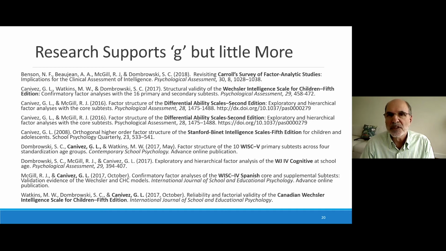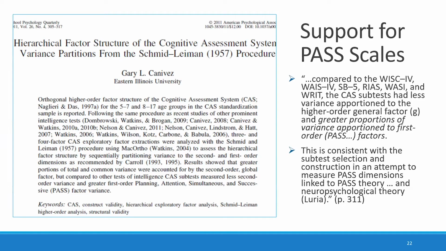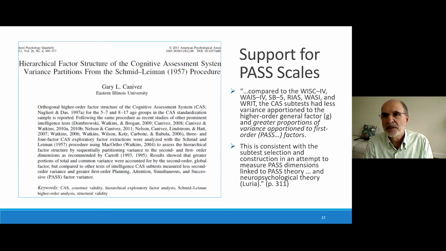You should not interpret anything beyond the G score, except for one test, and that's this study on the Cognitive Assessment System, where they wrote, quote, compared to WISC-4, WAIS-4, Stanford-Binet 5, RIAS, WASI, and RIT, the CAS subtests had less variance proportion to the general factor and greater proportions of variance proportion to the first order PASS factors.